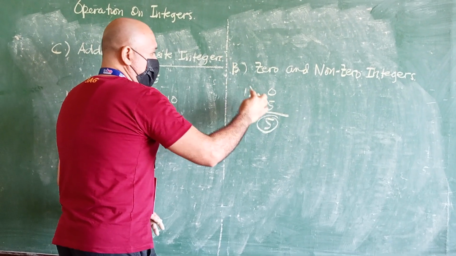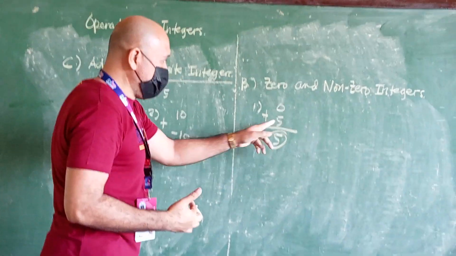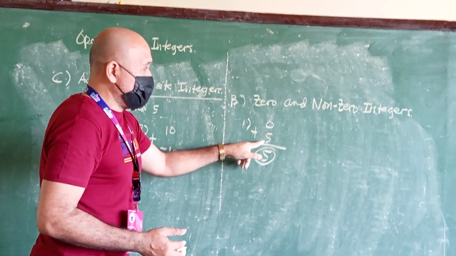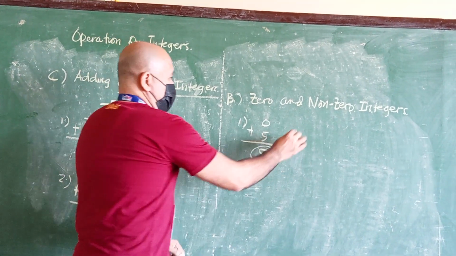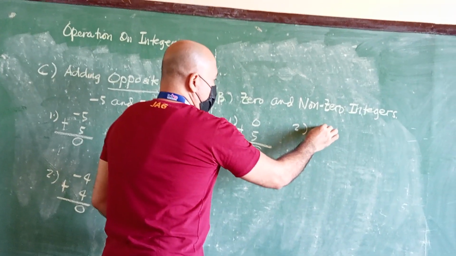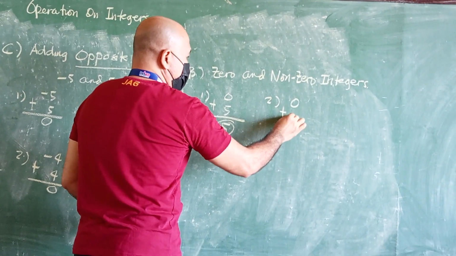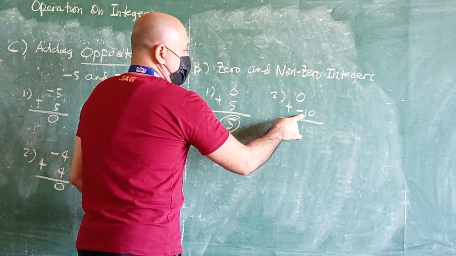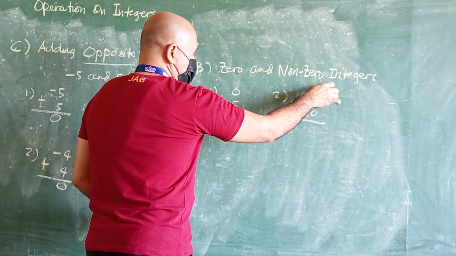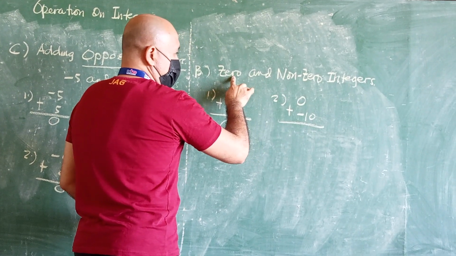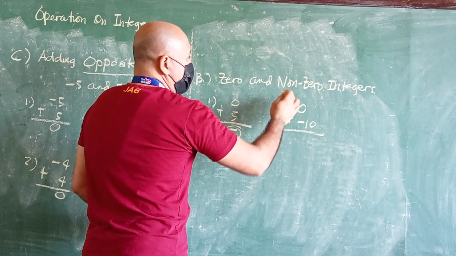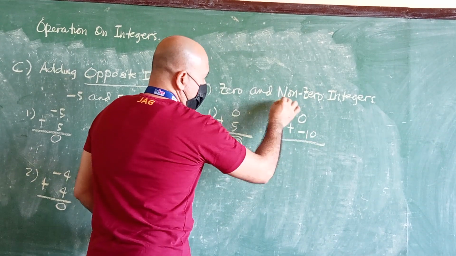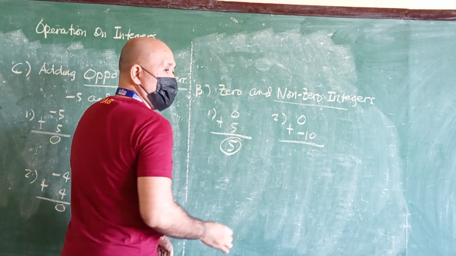Any number added to 0, the result is that number itself. Another one, for example, 0 plus negative 10. Negative 10 is a non-zero integer and 0 is here. So when you add non-zero and 0 integers, the result is always the non-zero integer.